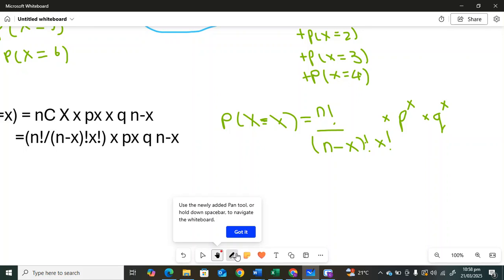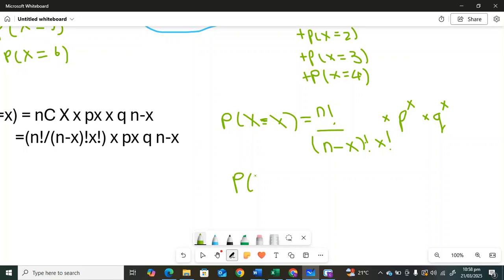So we start with the probability that 0 students prefer working in the banking industry. X equals 0. So n, remember, is always going to be 20. So say 20 factorial divided again by 20 minus 0 factorial.